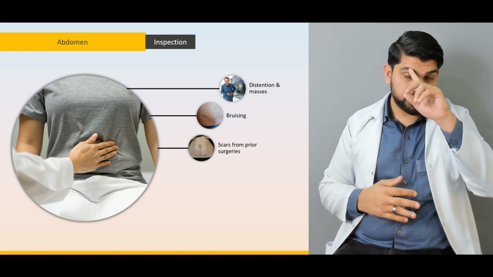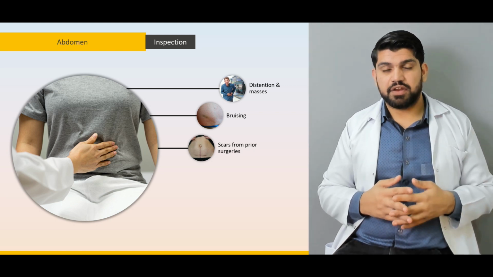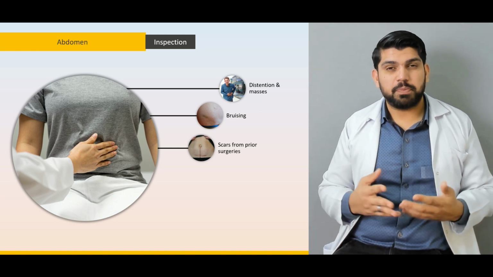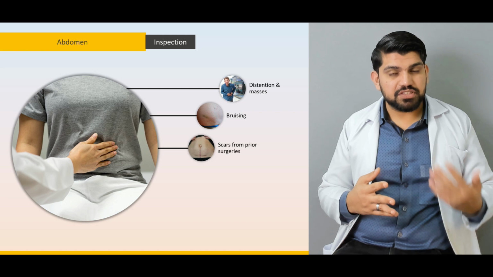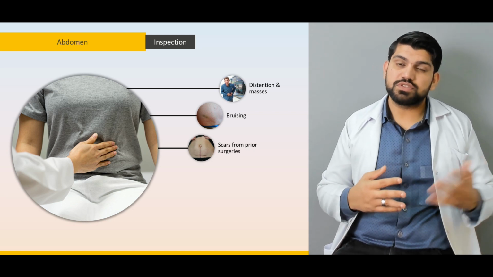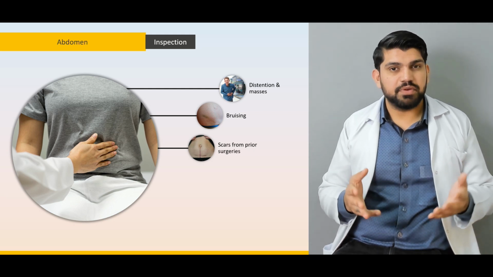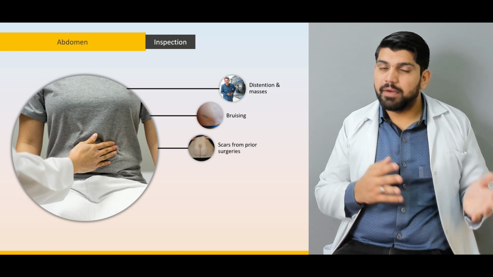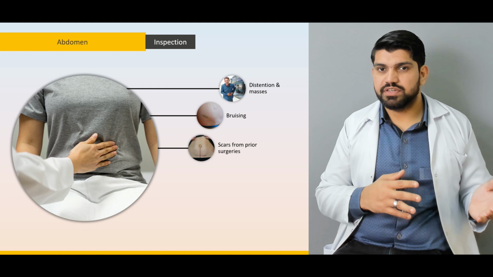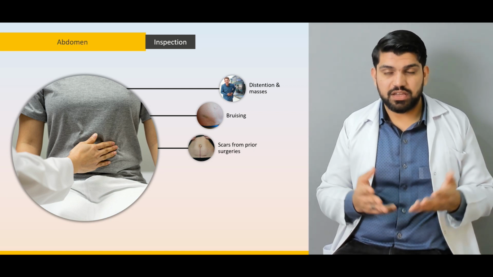For example, if a patient had a laparotomy before, as you can see, this is a vertical incision. Laparotomies can present with constipation and other symptoms related to post-surgical complications. So with this simple inspection, you can realize this patient might have a problem related to previous surgeries, or any wound infection you can see on inspection.